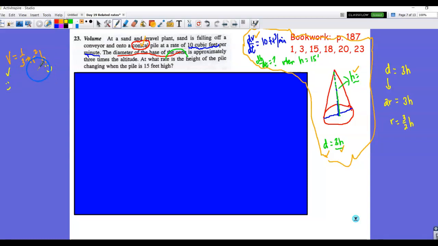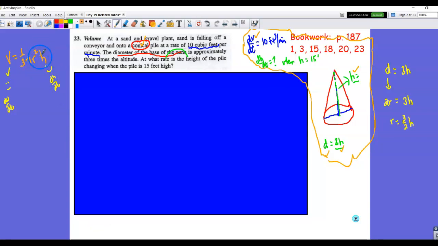when I look at my box of knowledge, I'm looking back and forth. But I don't really know anything, I don't have a dr/dt given. I'm trying to find dh/dt, so that's part of the problem, obviously. I know for sure what dV/dt is, that's given. So if I differentiate the equation as it is, I'm going to force a dr/dt.